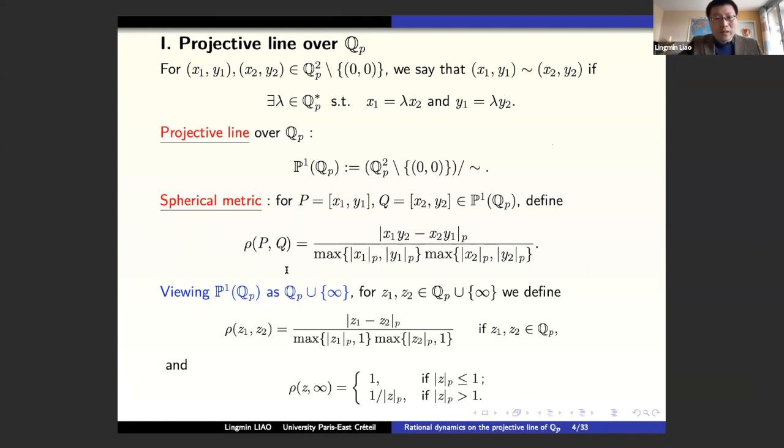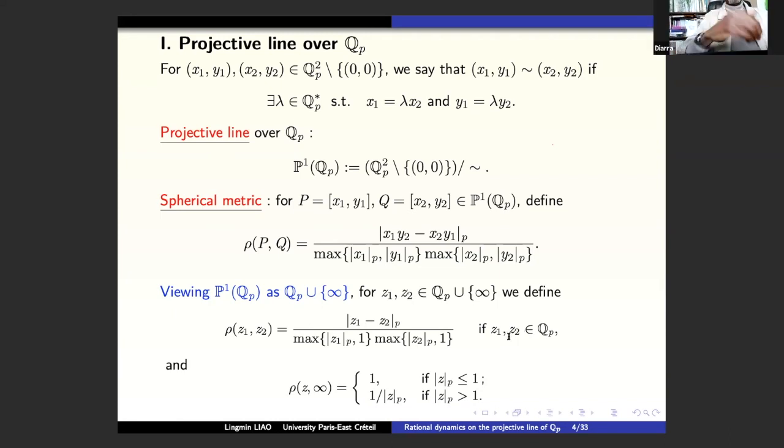One way to look at the projective line is to put the point at infinity on your Q_p. Usually we can look at two different points in Q_p like this, and you will see from this formula that if the points are in Z_p, it is the same metric, the same distance.